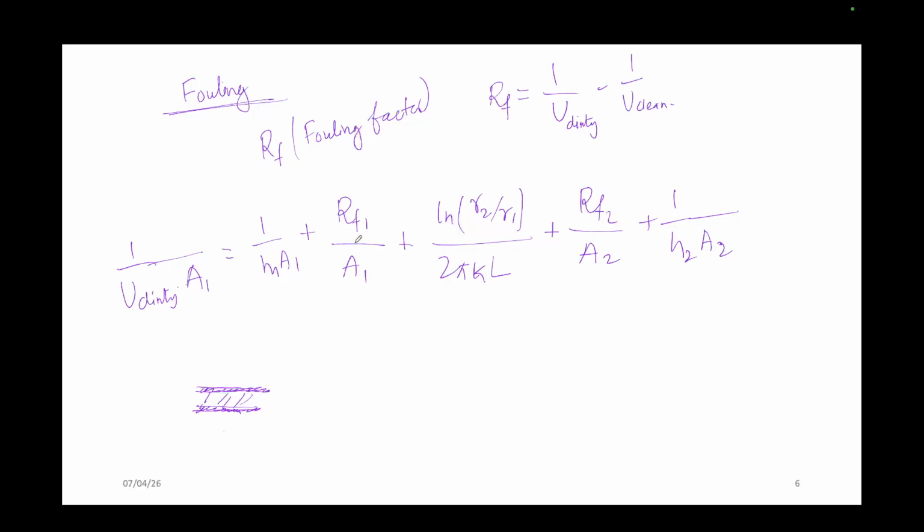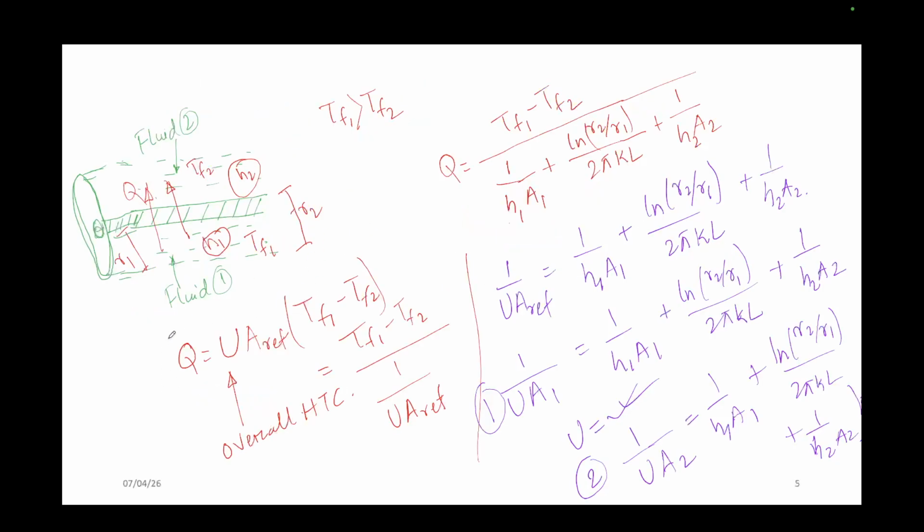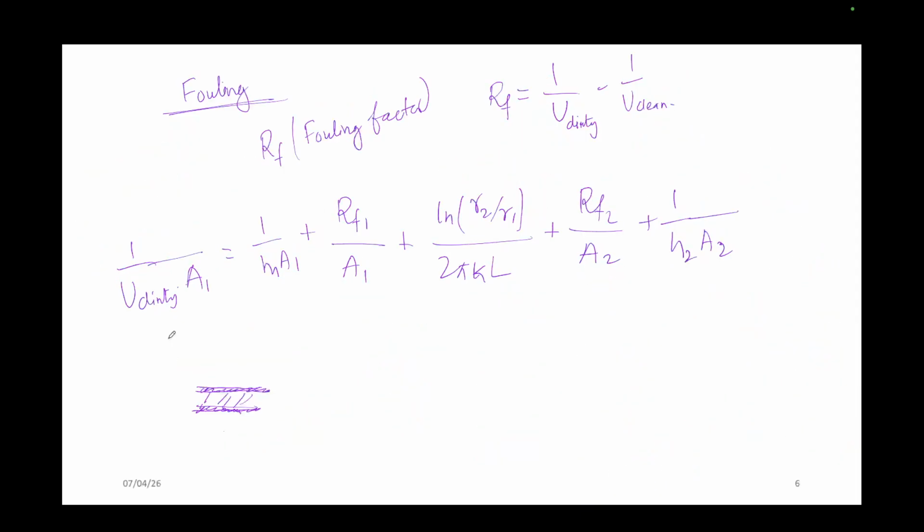So if you find 1 by U dirty, can you find out U clean? This is your U clean. So ultimately if you subtract this, you will get to know how much heat transfer is lost because of fouling. Got it or not? So this is the main concept.